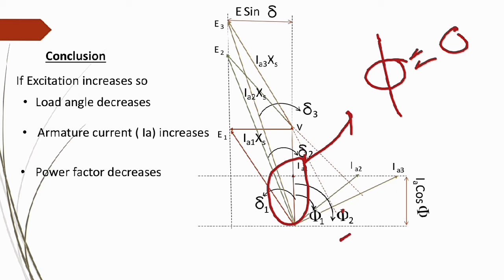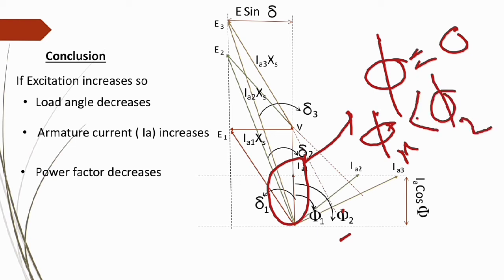We know phi 1 is smaller than phi 2. So the least value of power factor we get when we have the highest value of power factor angle, in the case of excitation I3, E3. So we can say the power factor decreases.